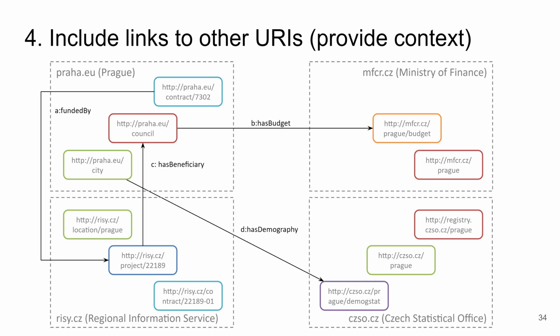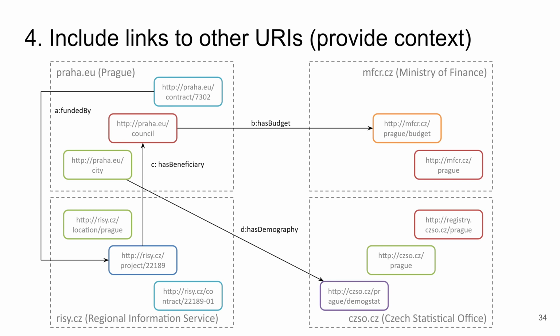Now, if we want to connect the data, or if we want to work with the data as a whole data set, we'll have data about 3 different subjects in the RDF graph, all representing the same real-world entity, but we as application developers will not know that these 3 different URIs actually represent the same real-world entity, the city of Prague or Prague Council.